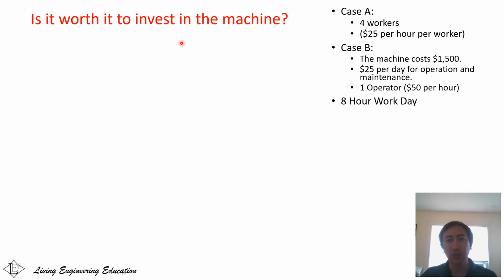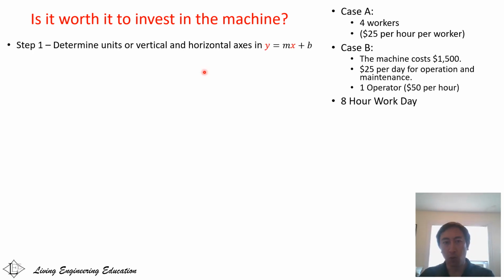So the very first step, we have to determine what the units or what the physical representation of my variables are. In this case, when we look at a linear equation or a 2D plot, x and y plot, we have to determine what these horizontal and vertical axes represent, the vertical y and the horizontal x axes.